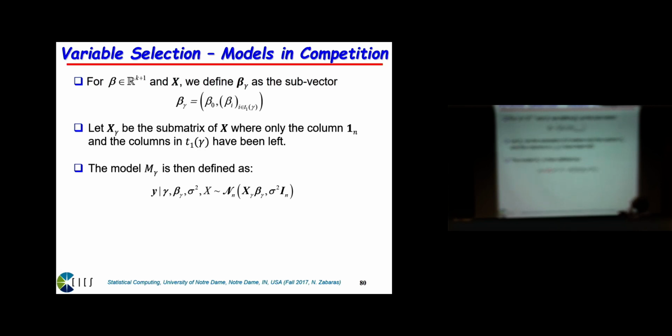So for a given gamma, there is a set of parameters beta gamma. I forgot to tell you I'm going to take the same noise for all models, right? It will be difficult to do something different, but you guys can think of something better. So the likelihood, given the parameters, is basically normal with mean x gamma beta gamma and variance sigma squared I for the noise.